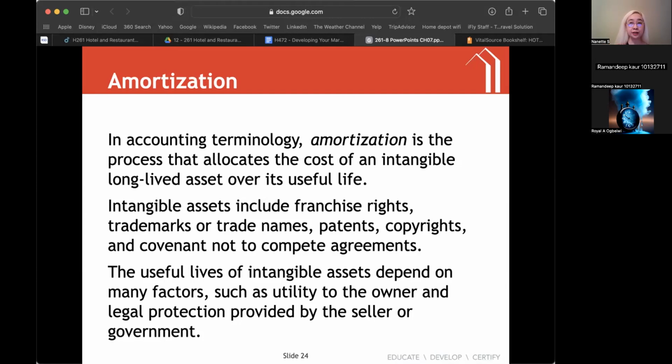So what you do is you buy a franchise, let's say a Subway sandwich restaurant. So here, the intangible asset from a franchise would be the rights to operate the business, the trademark. So the trademark is the logo and the design. So patents and copyrights are also part of your franchise agreement.